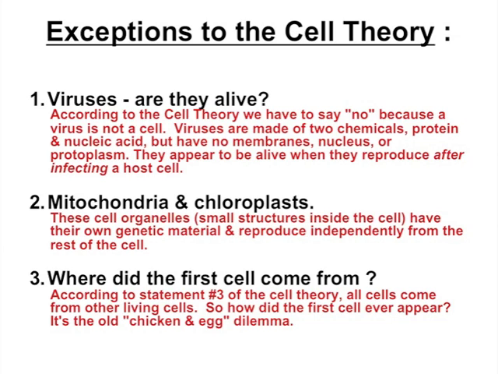That's something that we can't answer with the cell theory, and we really don't attempt to answer with the cell theory. It's kind of what came first. With the cell theory, we're not trying to explain where those first cells came from. What we're trying to explain is where current and future cells arose from.